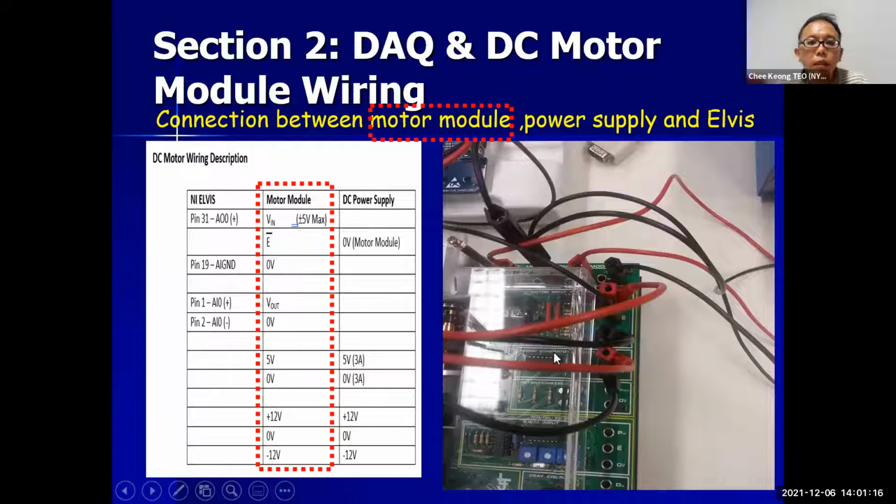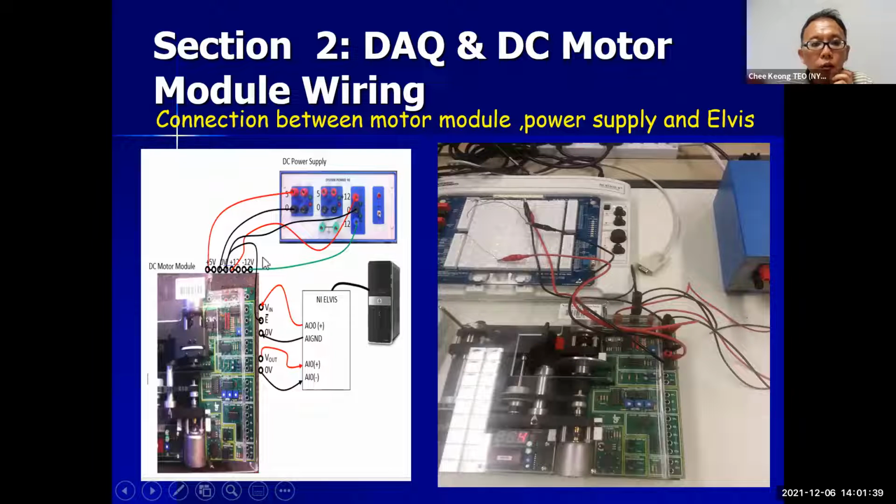Now this shows how the motor module is connected to the power supply, usually denoted by the plus minus 12 volt supply, the plus 5 volt supply, and of course the in and out. Take note that there's an earth wire here at the center. This is usually connected to the 0 volt of the supplies.